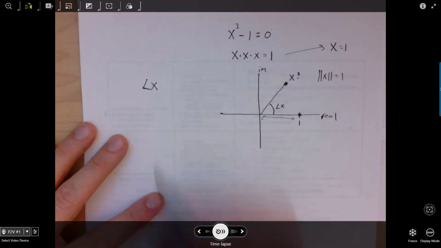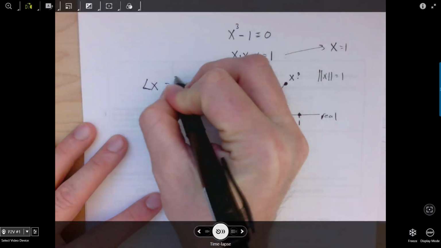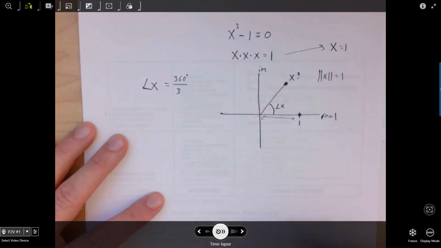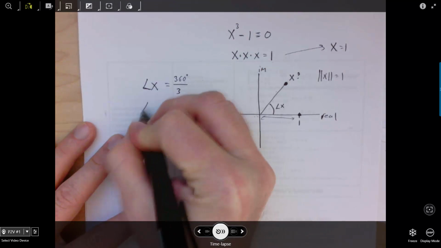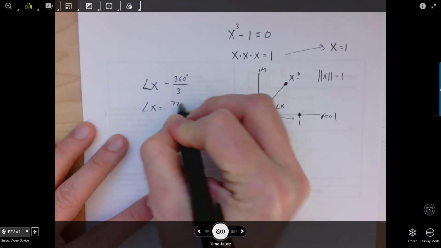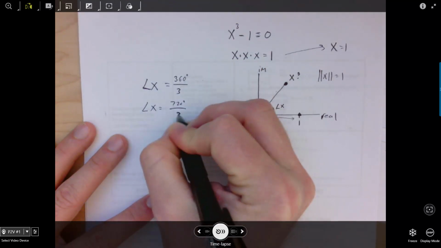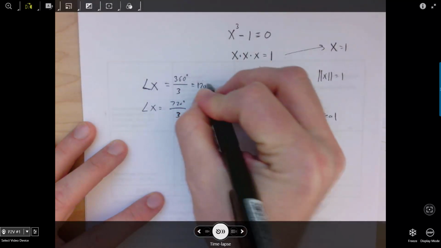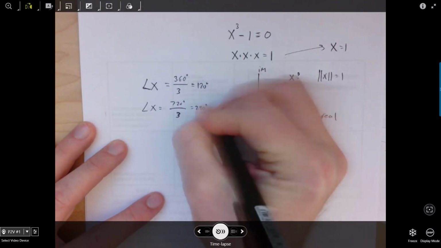So we can get the angle that way. We can say the angle to x is the same as 360 degrees over 3, or a different angle to x could be 720 degrees over 3. Which would be 120 degrees or 240 degrees.